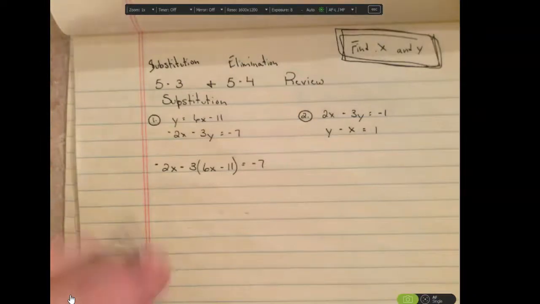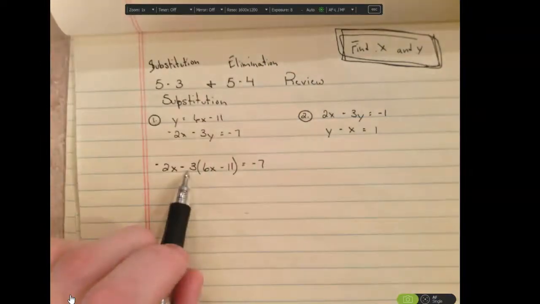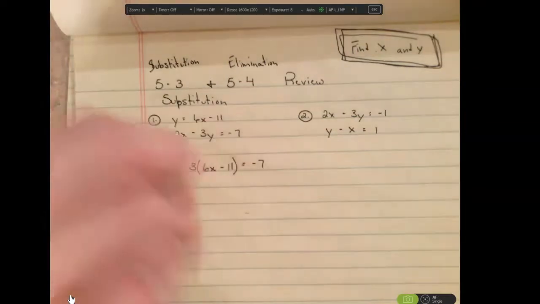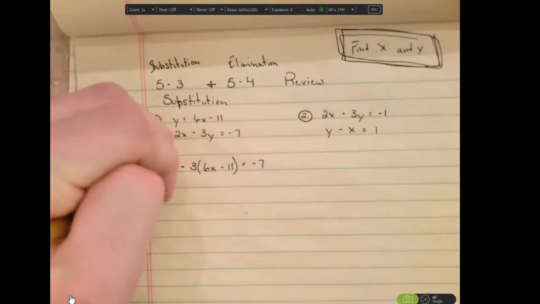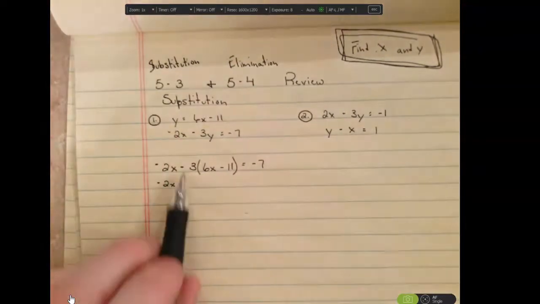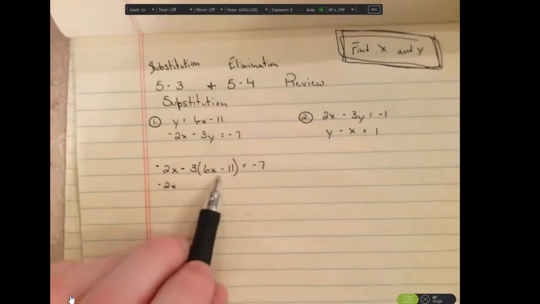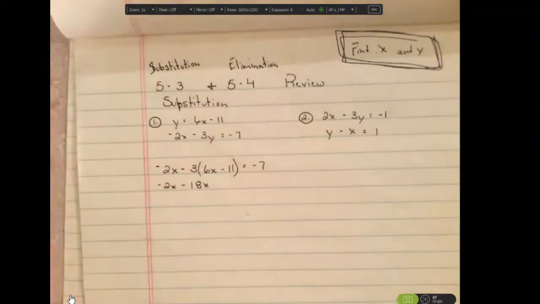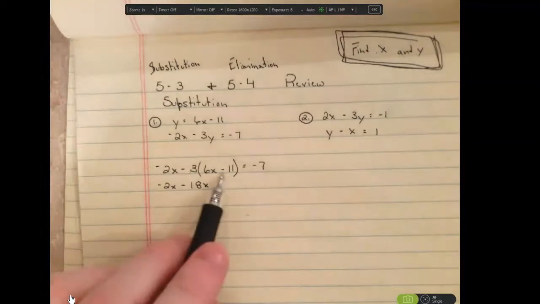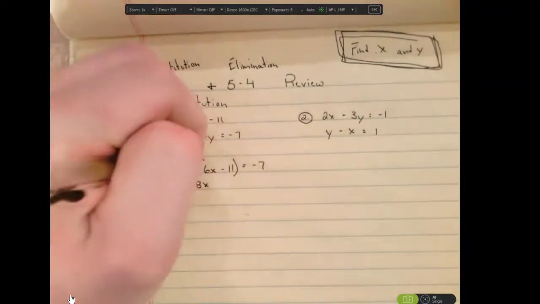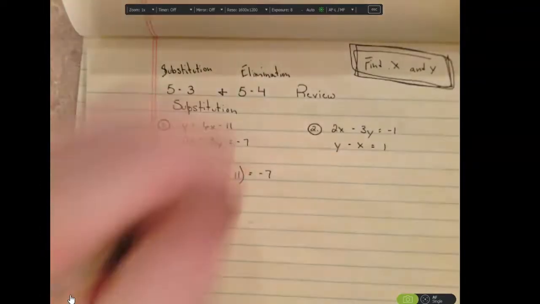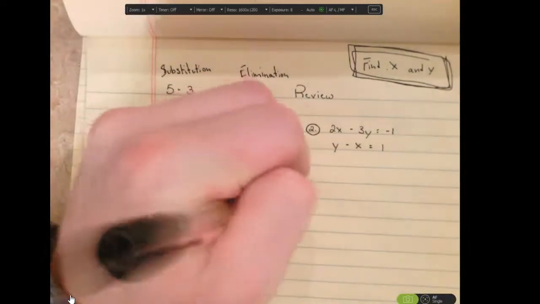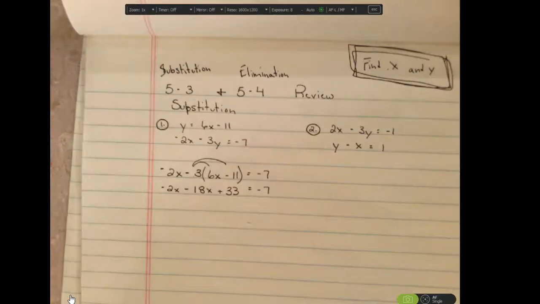Let's distribute this negative 3 into my parentheses. Negative 2x, and then negative 3 times 6x gives negative 18x. Negative 3 times negative 11 gives a positive 33. I finish writing my equation, equals negative 7.